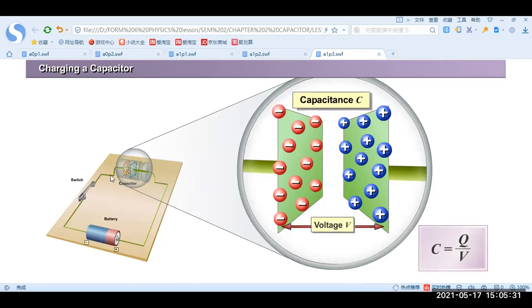So what is meant by capacitance? Take the electronic device we learned before, for example, the resistor. What is the quantity used for the resistor?